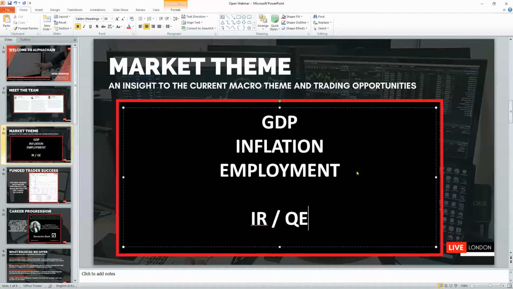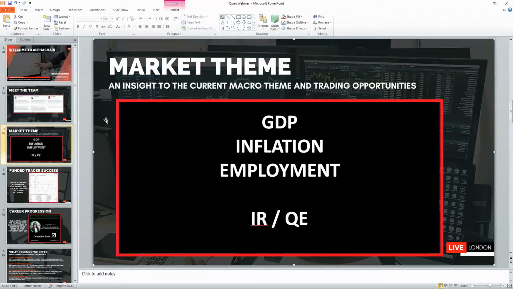So those are the key levers that a central bank will have when they are deciding based on these three key parameters. Now, do remember, whether it's the GDP or inflation or employment levels, these three are extremely important. They are of high relevance.